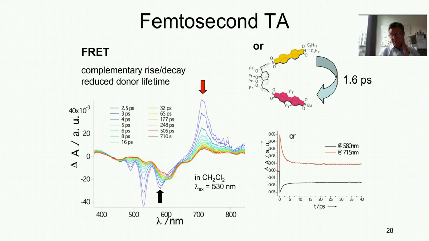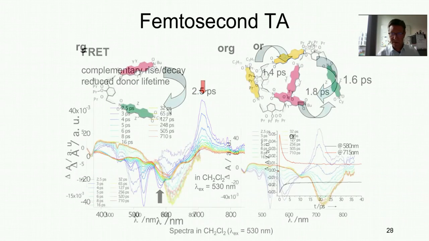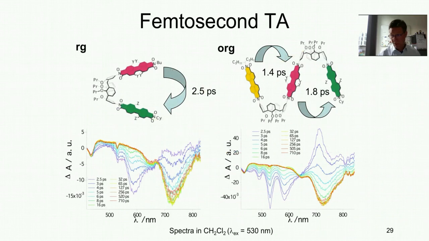With time resolved spectroscopy, you can determine how fast the excited state absorption of one converts into the excited state absorption of the other. In this case, it was 1.6 picoseconds. For the other ones, it was also performed. So it gives you information on the kinetics, how fast these processes go experimentally.